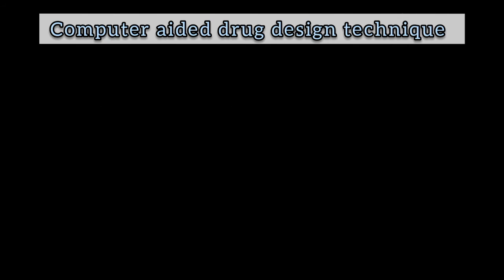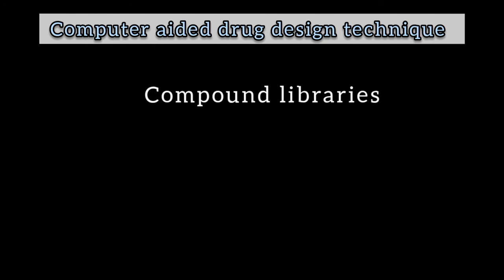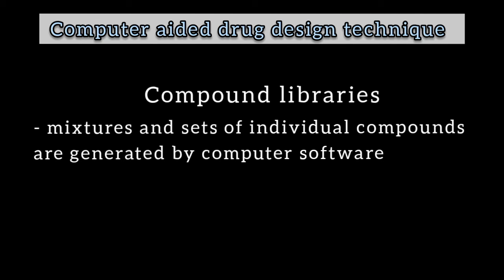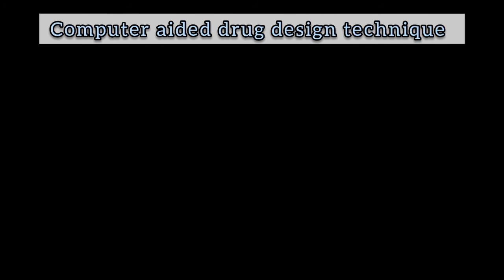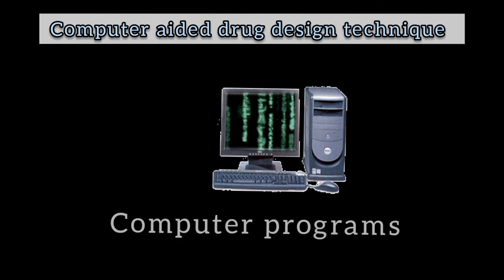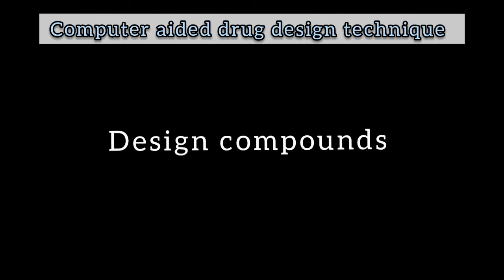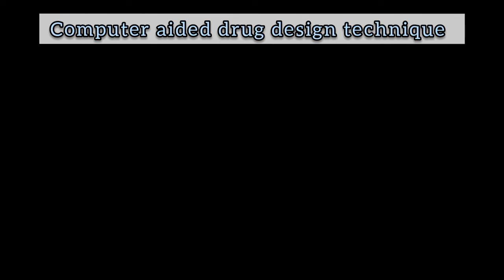Computer-aided drug design also includes compound libraries where mixtures, sets of individual compounds or chemical structures are generated by computer software. One of the important features of computer-aided design is that it includes computer programs for designing compounds with interesting characteristics.